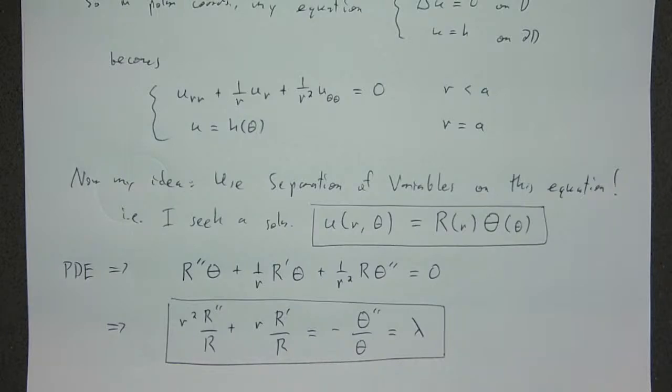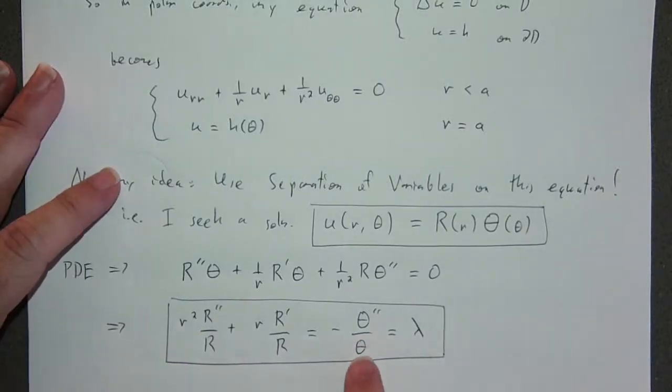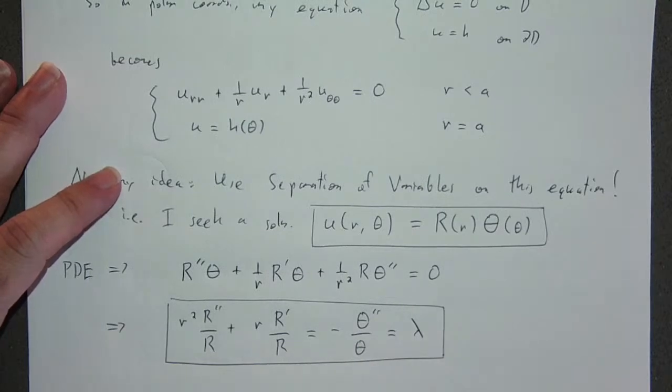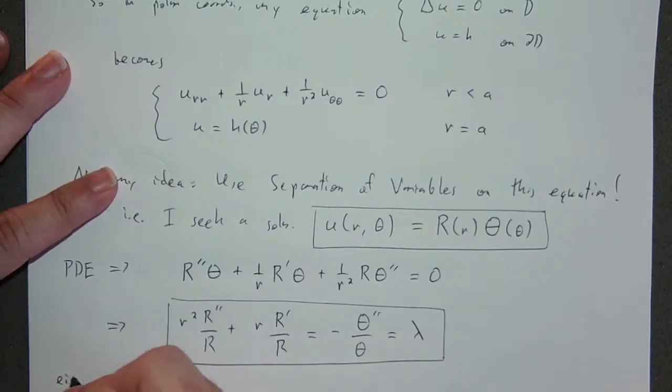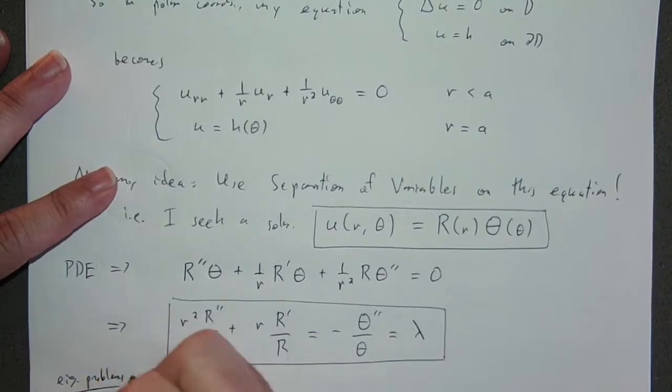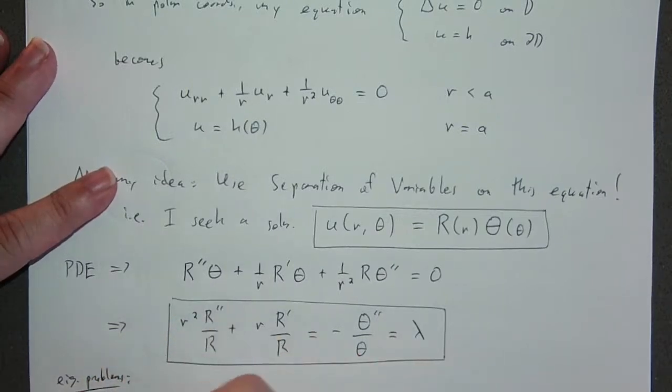So let's look at the actual equations that we get. What eigenvalue problems do we get here? We get r squared times big R double prime plus r R prime minus lambda R equals 0.